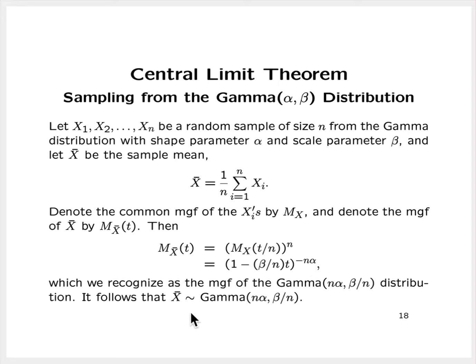So that's a very interesting and useful piece of information to know. In this case, we actually know the exact sampling distribution for the sample mean. It has this gamma distribution with these parameters.